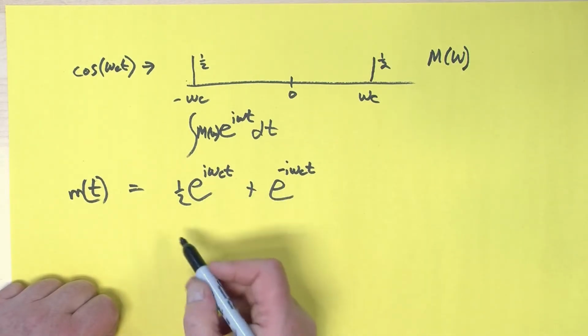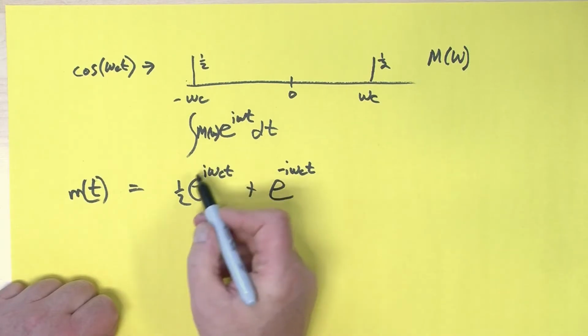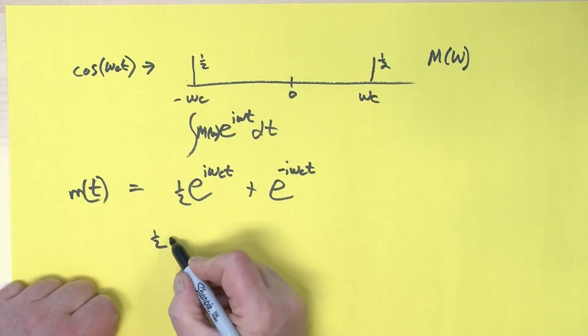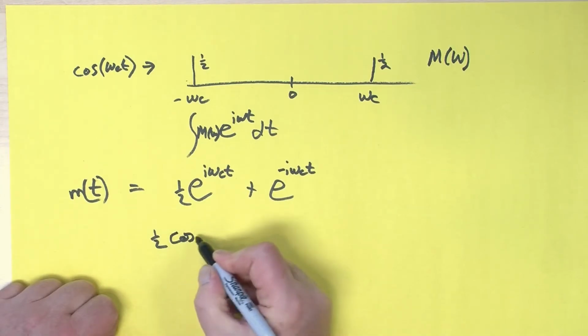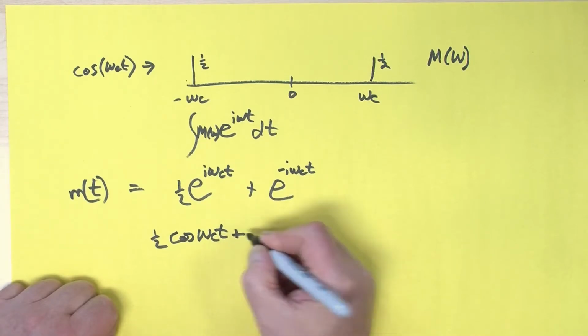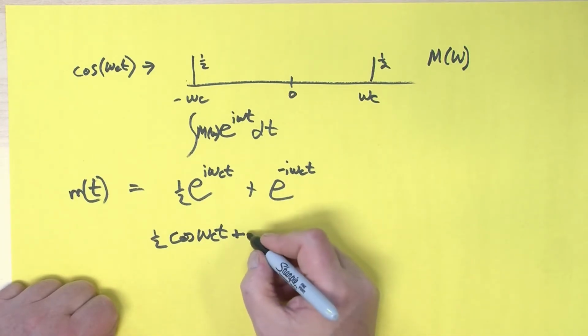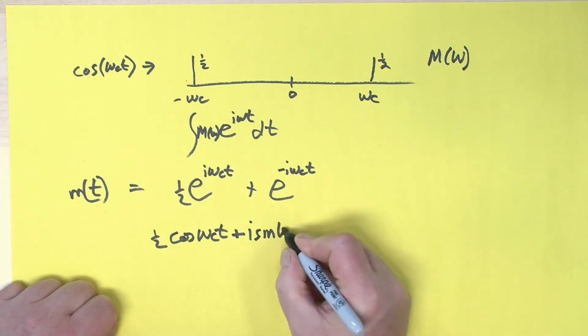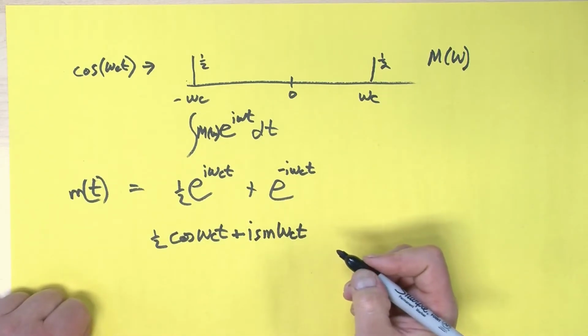Well, this part over here is 1/2 times cos omega ct plus I sine omega ct. That was Euler's equation.